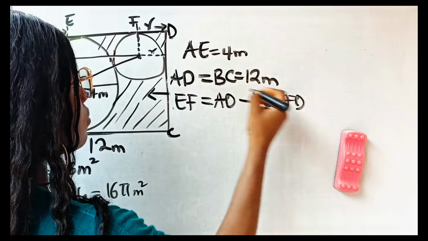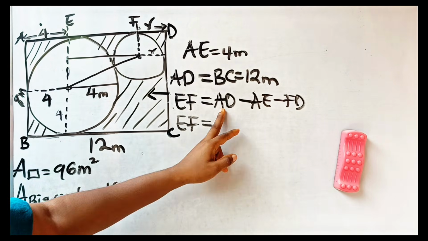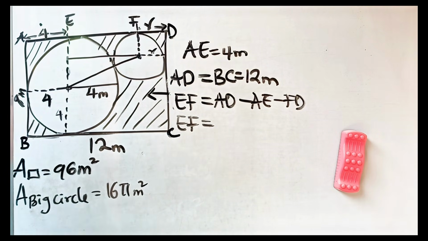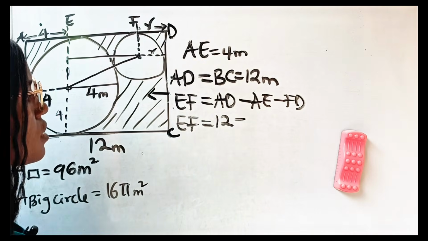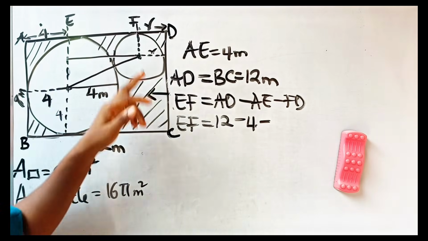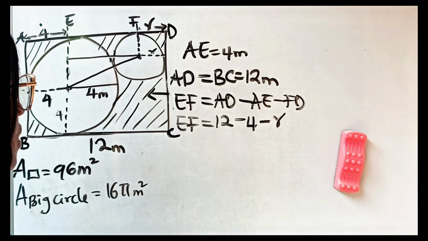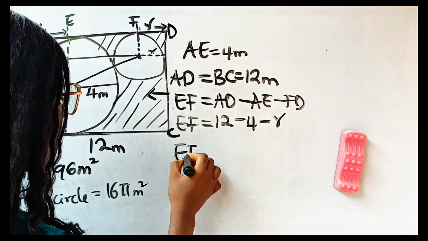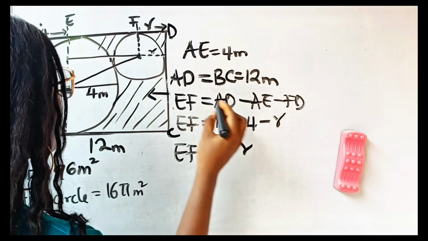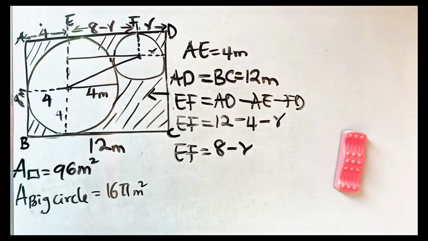So EF is equal to 12 minus 4, which is 8, minus R. So EF is 8 minus R.